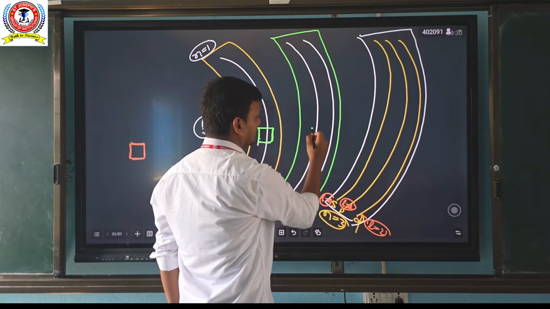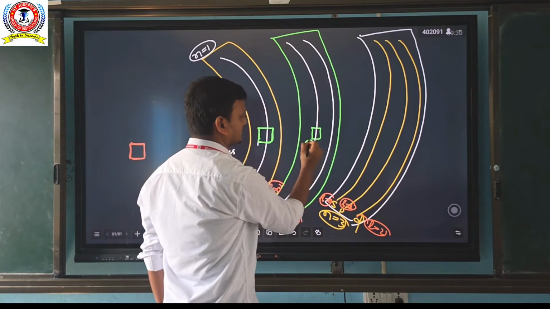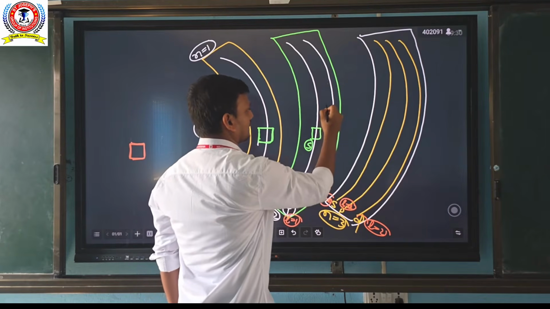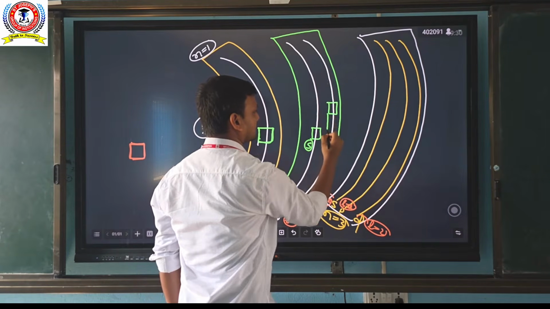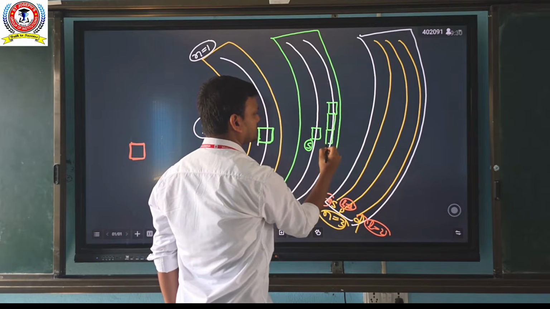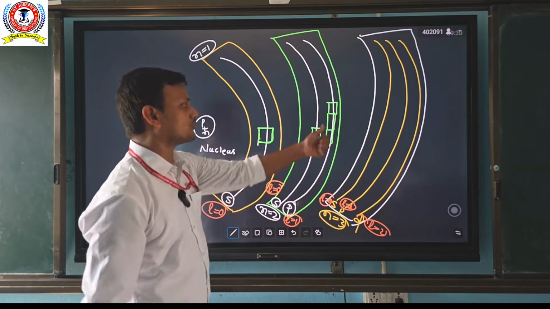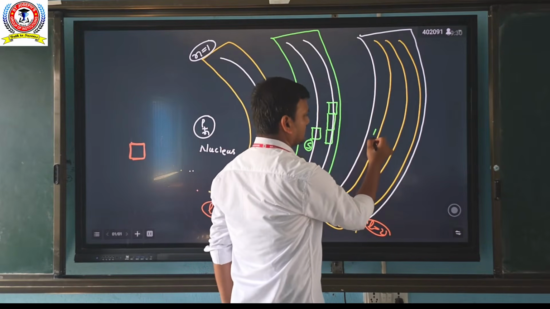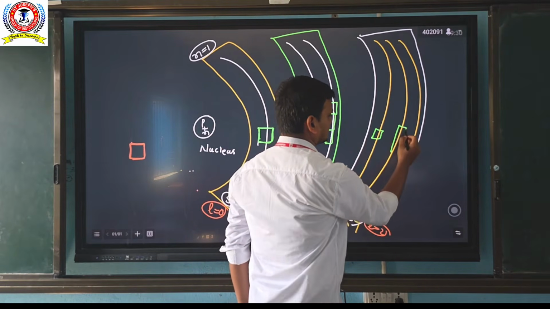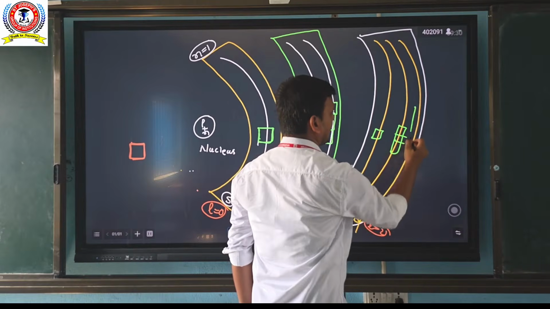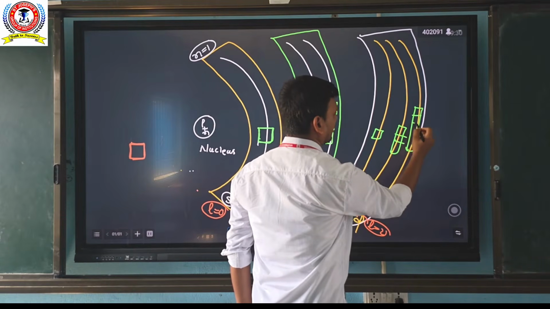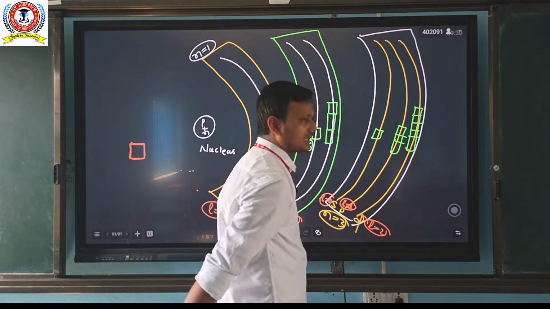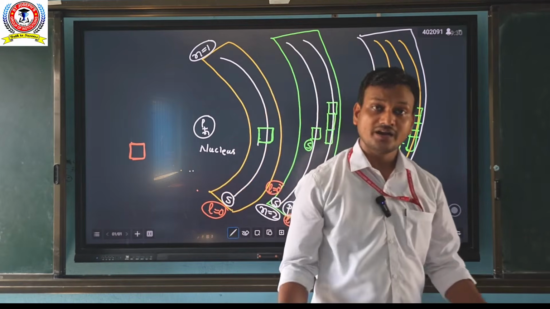In the second cell, first is the s orbital and the p subshell has 3 orbitals, that's why we draw 3 boxes. This is your px, py and pz. Similarly, we draw one box for s, 3 boxes for p and 5 boxes for d, because there are 5 orbitals present inside the d subshell.